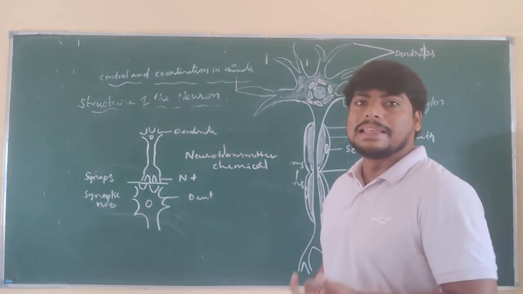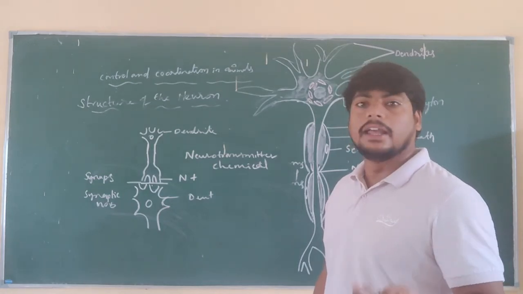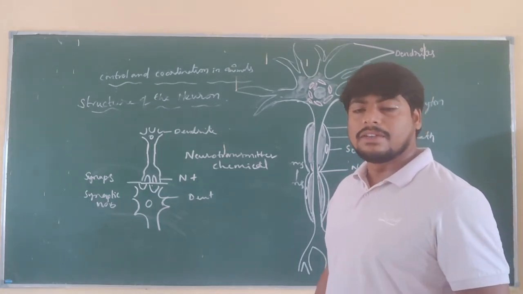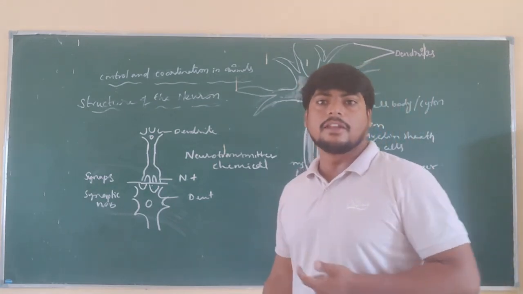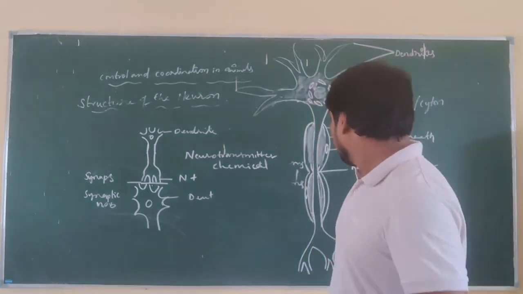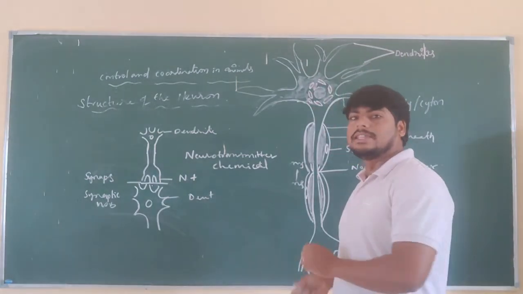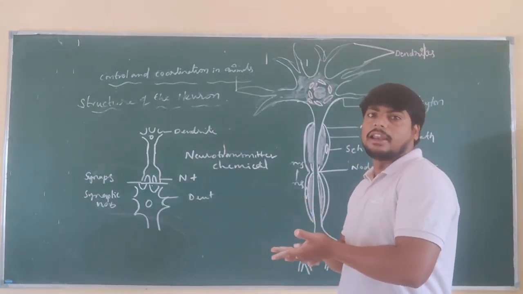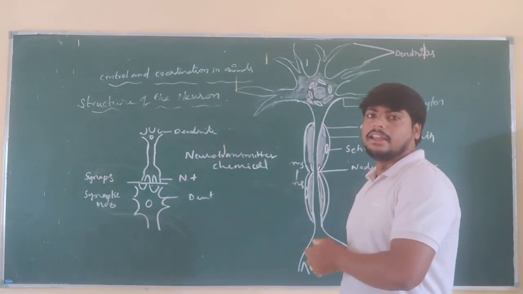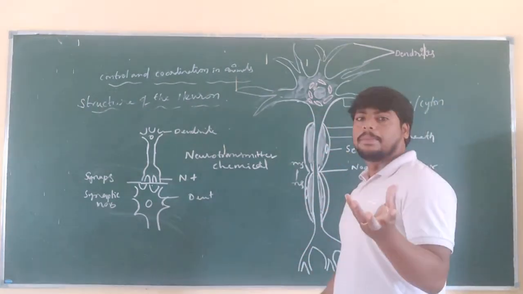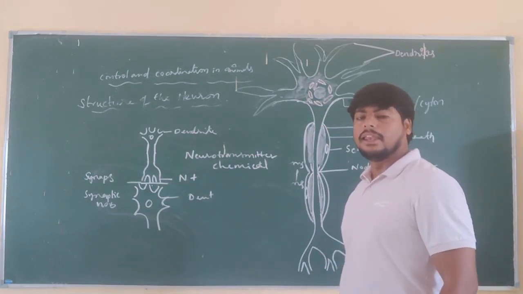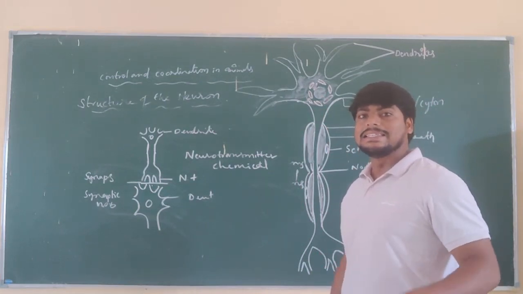Myelinated are present in cranial nerves and spinal nerves, whereas non-myelinated are present in the autonomous nervous system and the somatic nervous system. And this ending of the nerve cell is called terminal arborization, which looks like the roots of a tree, and the dendrites appear like branches of a tree. This plays a key role in giving response to the stimulus.